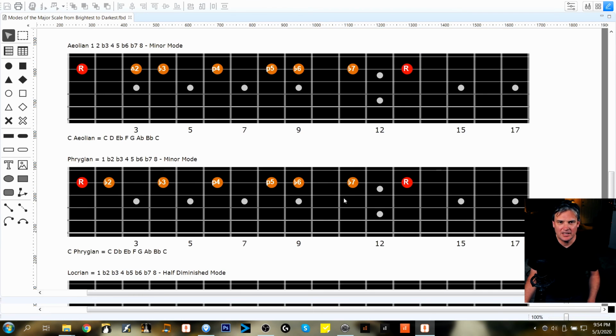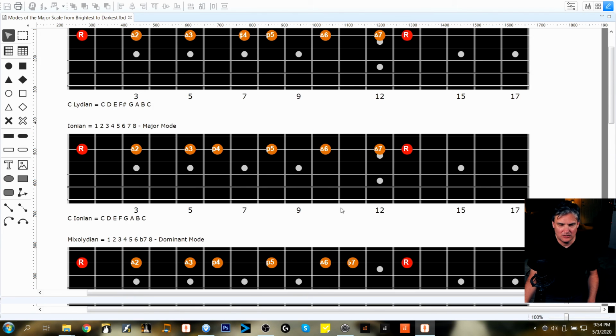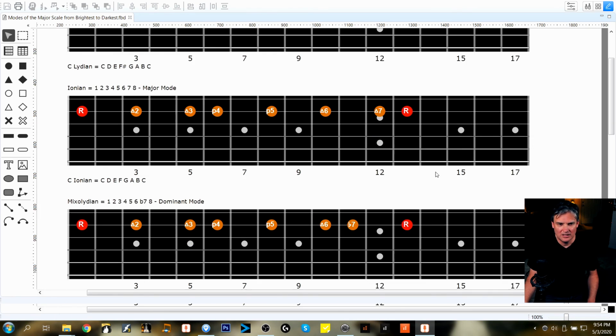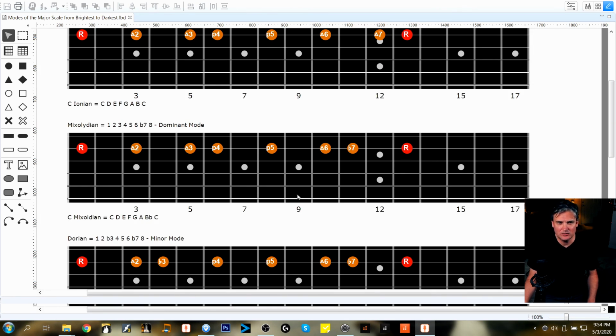Okay, so we can categorize the modes, and I don't know if you noticed this as we were moving along, but we can categorize the modes into these categories. You've got major modes like the Lydian and the Ionian. Then you have one dominant mode, and that's Mixolydian.